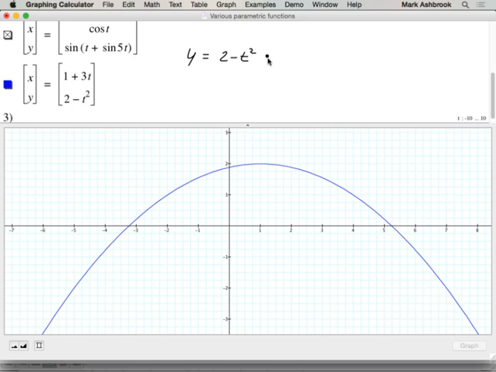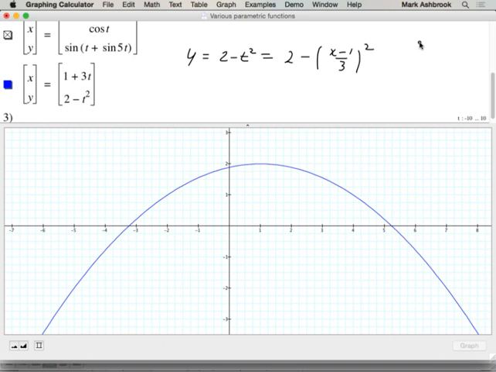And how could we rewrite that in terms of x? 2 minus, well, that's t, not x. So what is t? X minus 1 divided by 3, squared. Right? Because t is x minus 1 divided by 3.